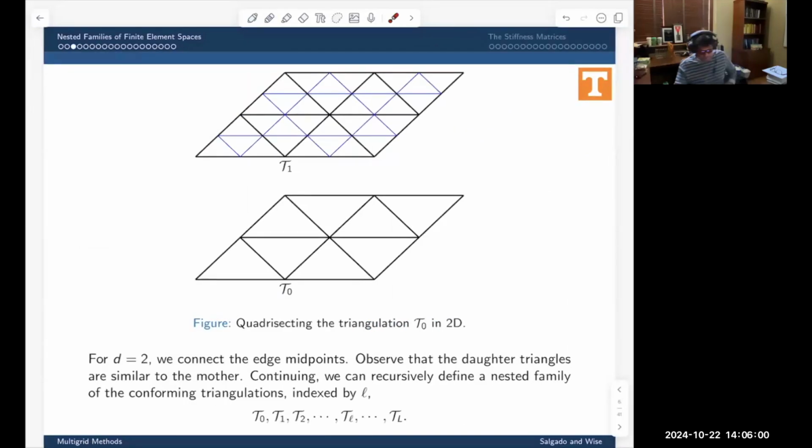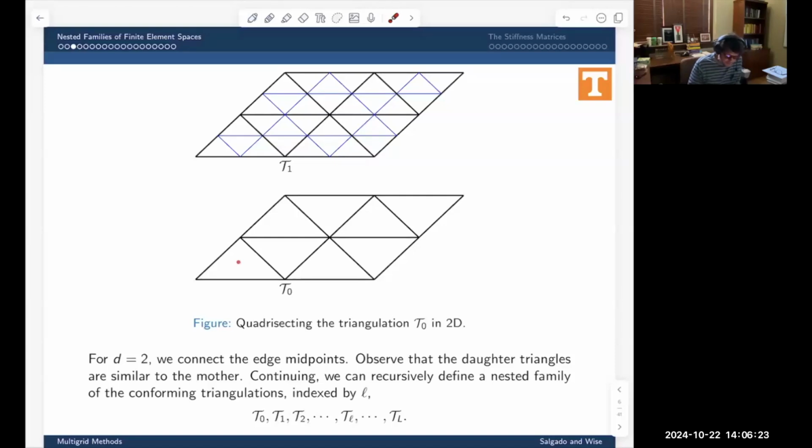So in 2D, I've already explained it, but I'll show you again. Let's take this triangle. Here's a T0 triangulation with no hanging nodes. What we're going to do is replace each triangle with 4 children triangles.